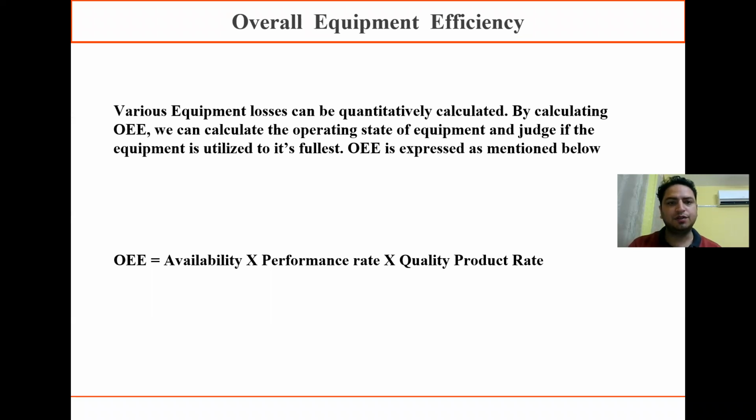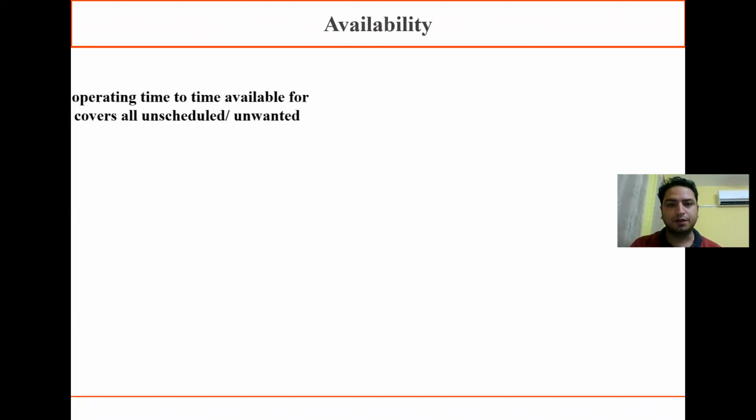So what is OEE? OEE is the product of availability, performance rate, and quality product rate. This is the product of the three major parameters.